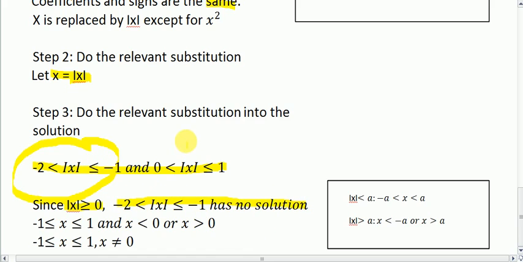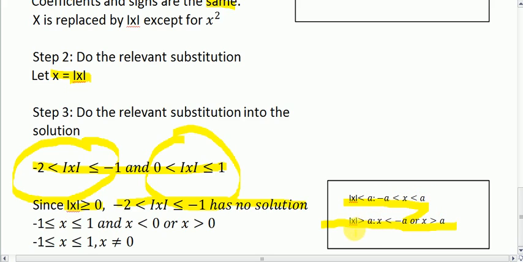So let us move on to the one to solve. Do take note of this recap right here. I've written a recap. If mod x is lesser than a, this means that x is greater than negative a but smaller than a.